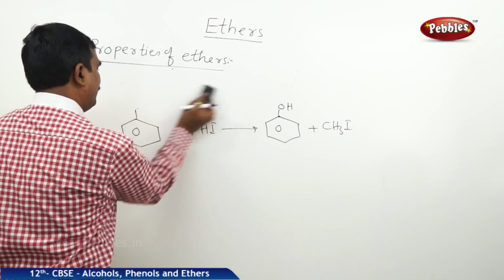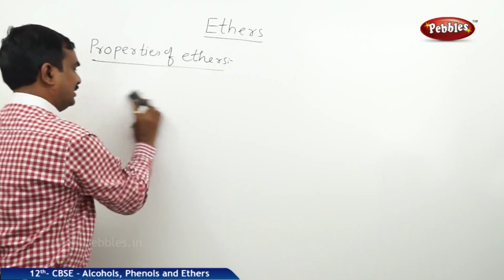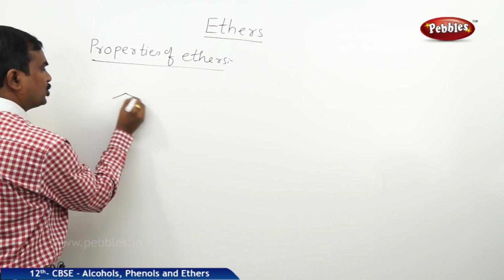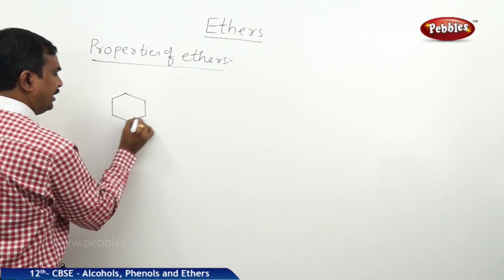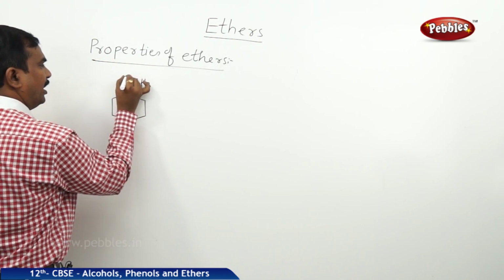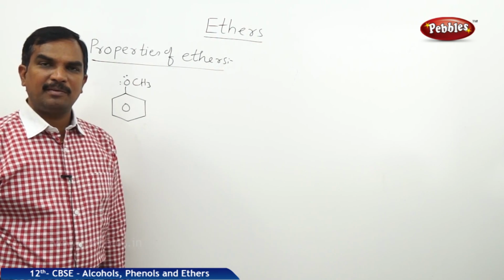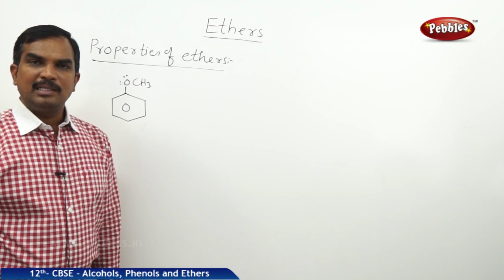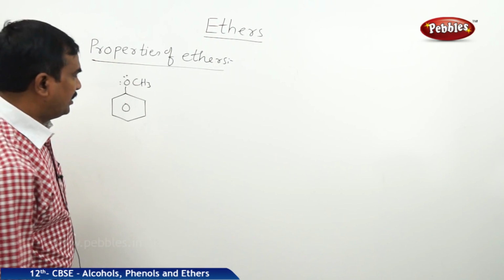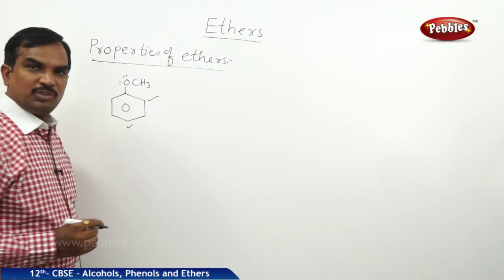Now if you come across especially the phenol systems or the corresponding ethers which have the anisole, in the case of anisole we have the oxygen attached to the sp2 carbon atom of the benzene ring. Definitely this will give various resonance structures where we can observe the negative charge at the ortho as well as para positions.